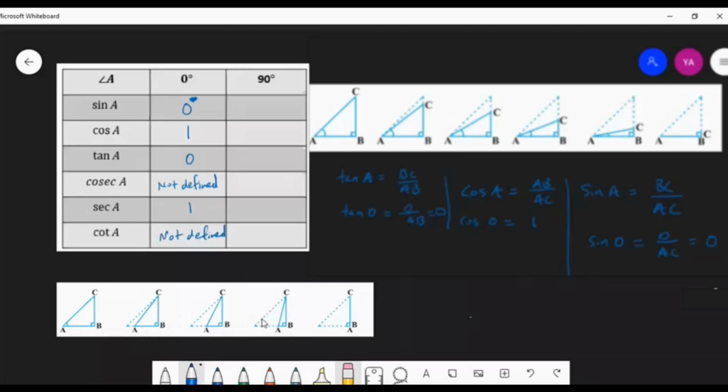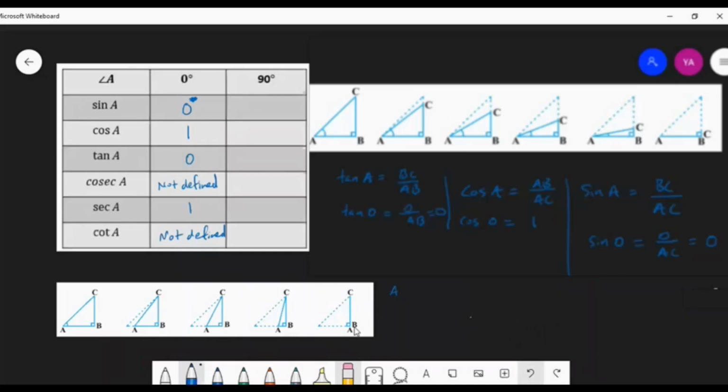It is increasing, and finally it will become 90 degrees when A coincides with B. At the same time, the side adjacent to angle A is decreasing, and finally it will become 0 when A coincides with B. So in the last triangle, AB is equal to 0.